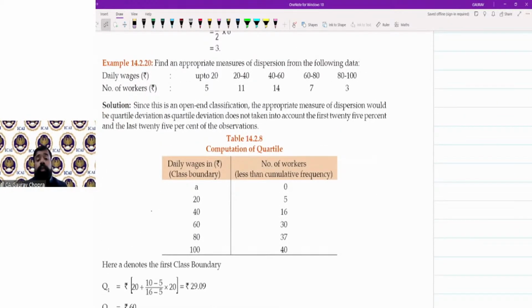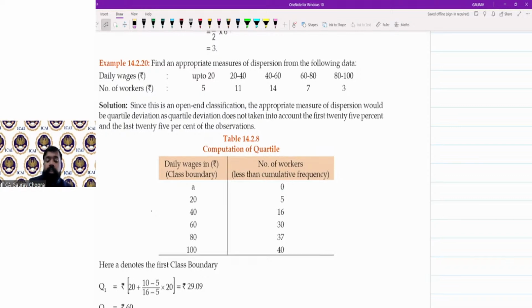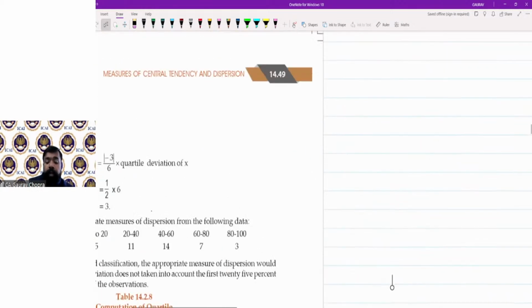Now, one more thing is the application of quartile deviation. Where is quartile deviation used? When the series is open-ended, when the class interval is open-ended, then we use quartile deviation, because quartile deviation is simply based on the middle 50% of observations. Let's say all these are the figures.